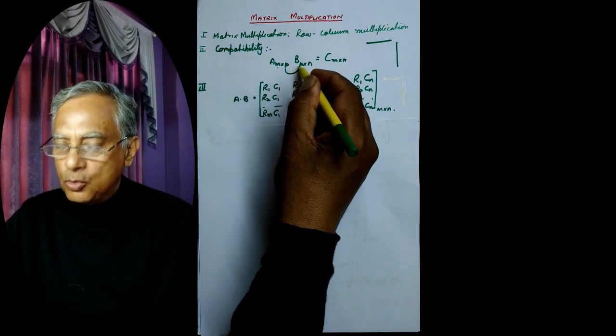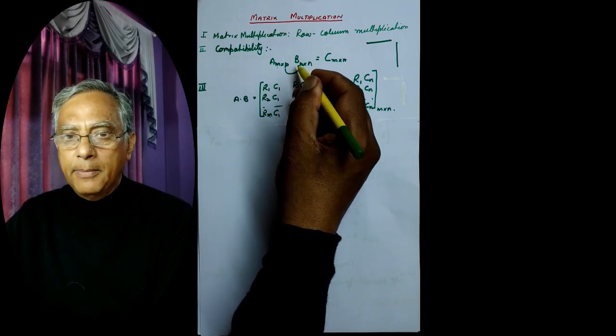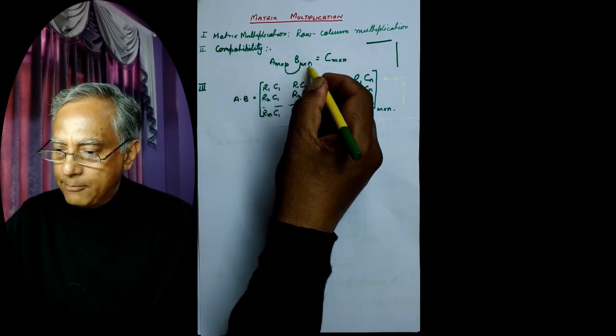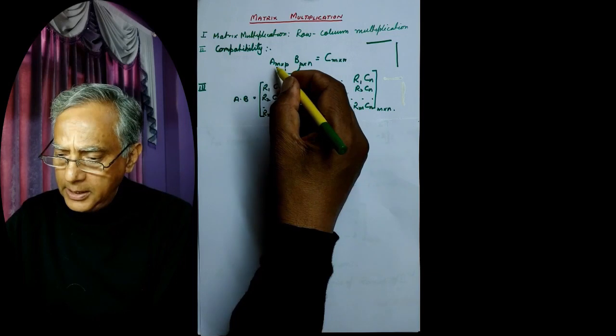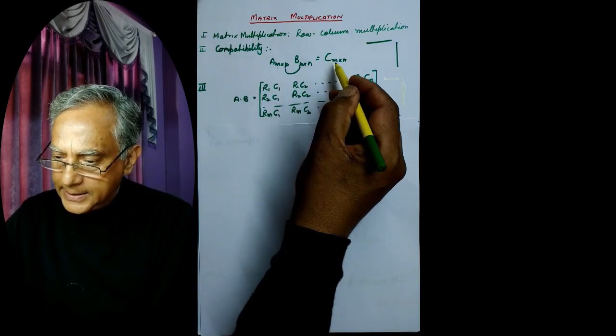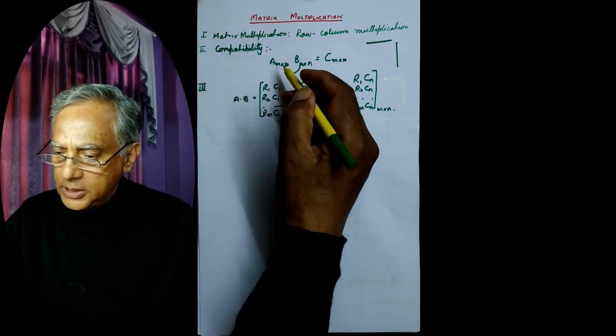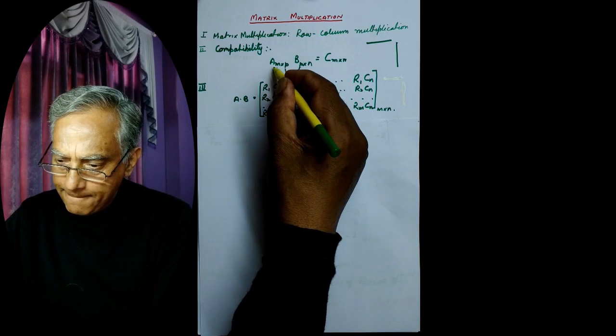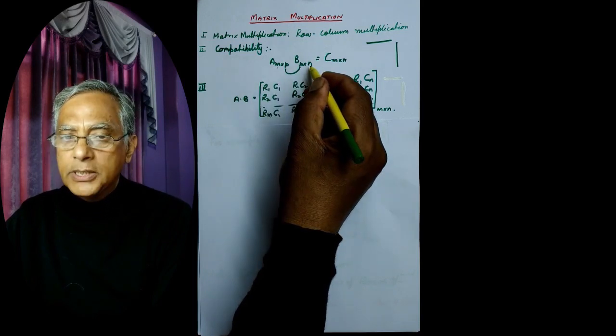Then only these two matrices can be multiplied. And their product, C, will be of order M cross N. So this is the compatibility condition, and the resultant will be M cross N.